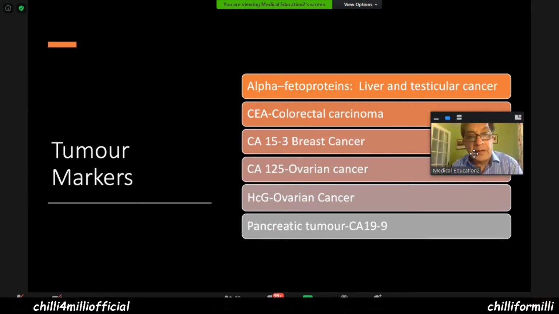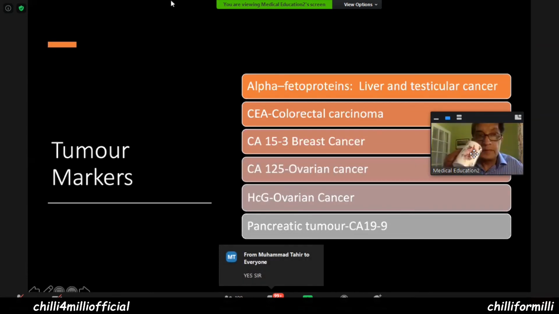These are common tumor markers: alpha fetoprotein going up in liver, CEA, carcinoembryonic antigen in colorectal carcinoma, CA15-3 in breast carcinoma, and ovarian CA125, HCG in ovarian cancer, pancreatic tumor is your CA19-9, right? Agree with me? You all seem to be very quiet this time. Guys, agreed actually, right? At least one of you agrees.